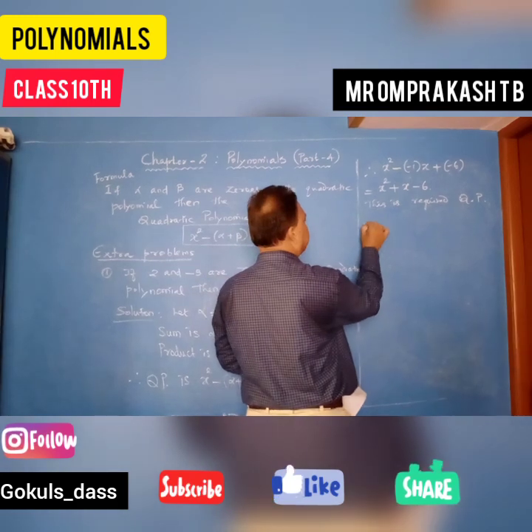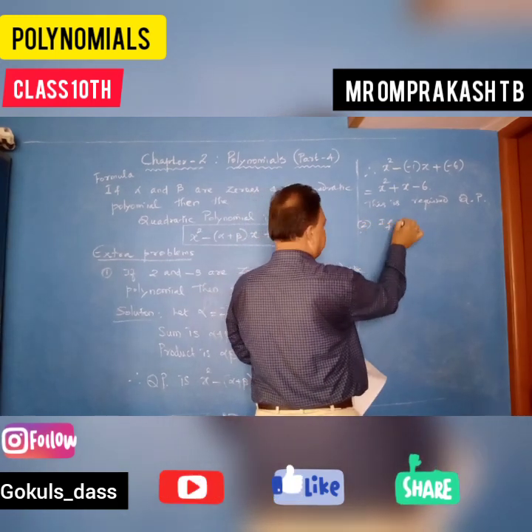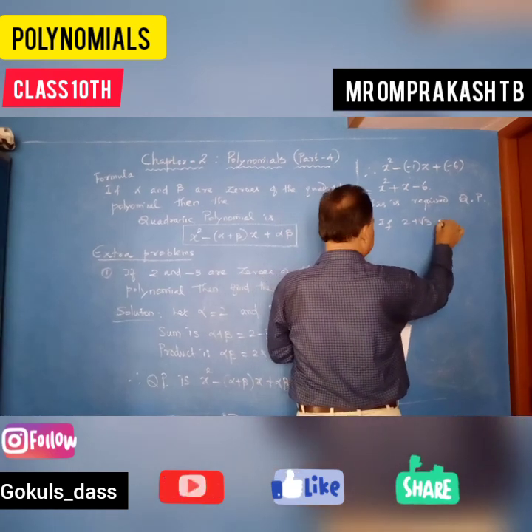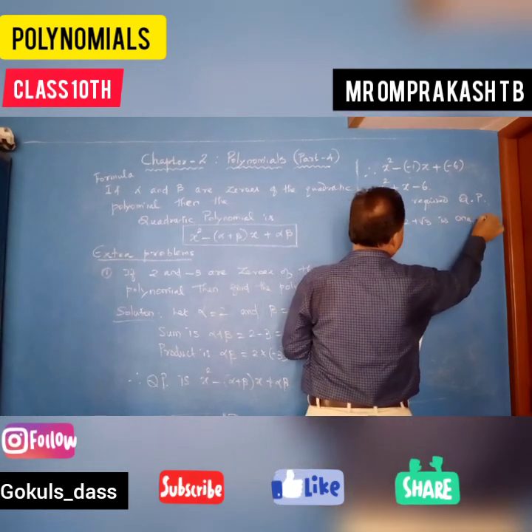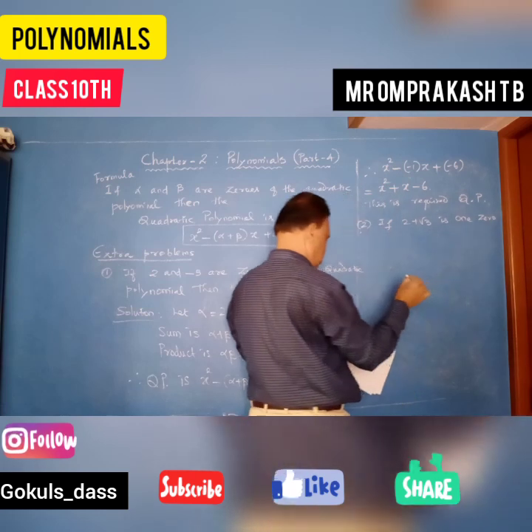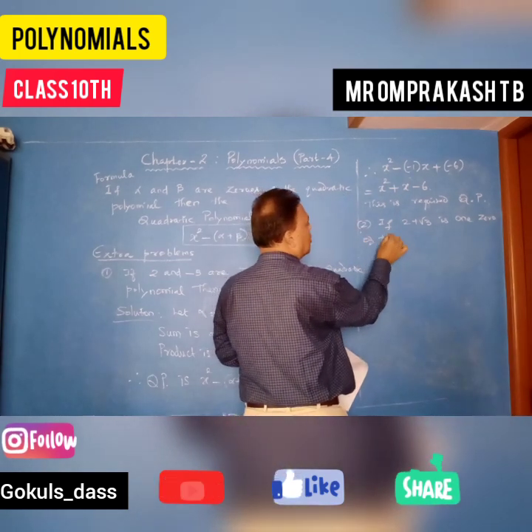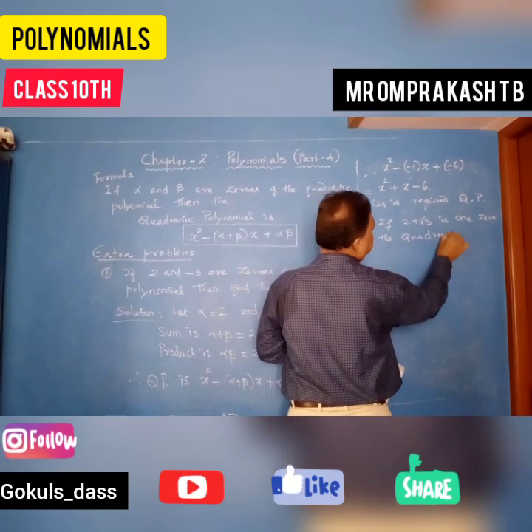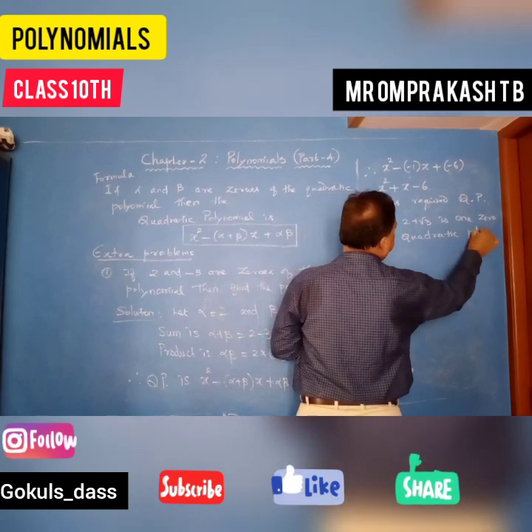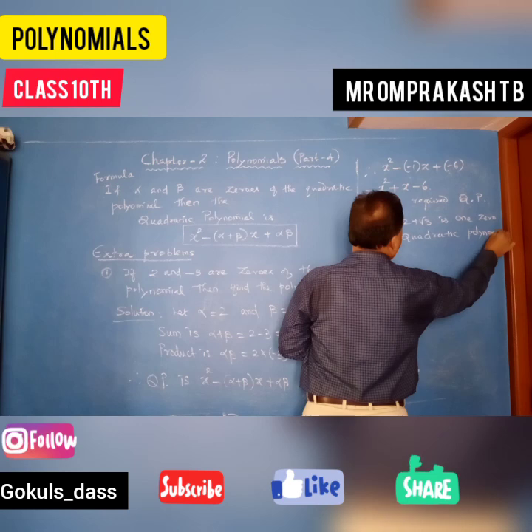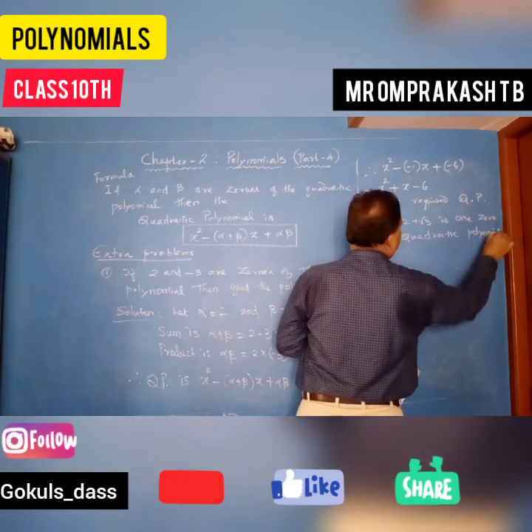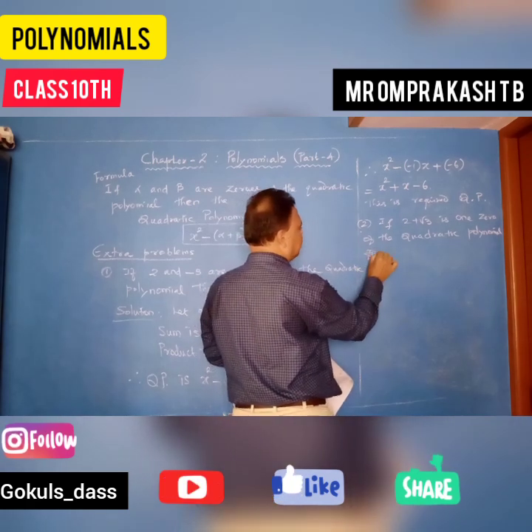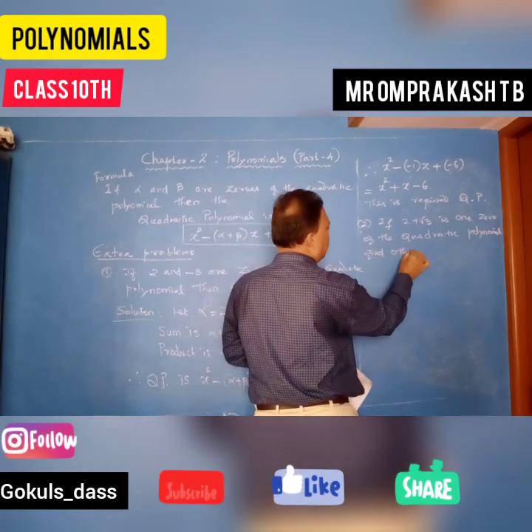One more question we will discuss. If 2 plus root 3 is one zero of the quadratic polynomial, find the other zero.